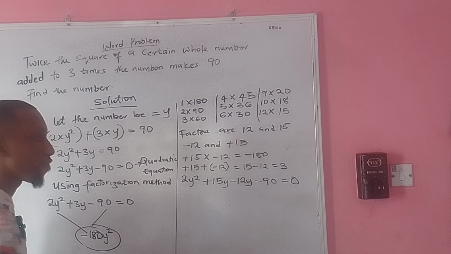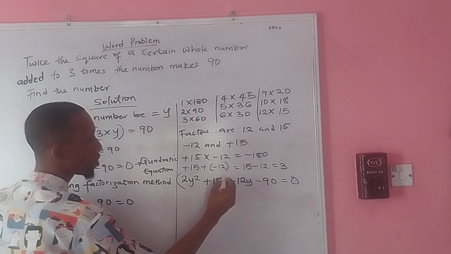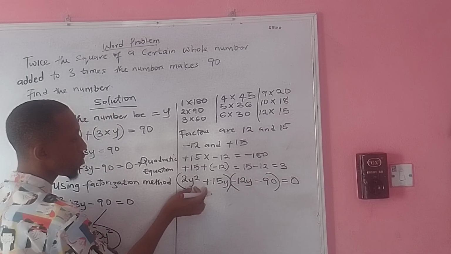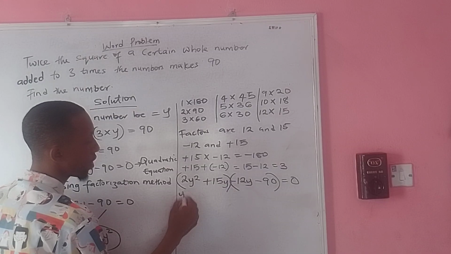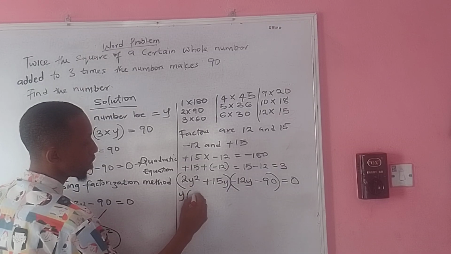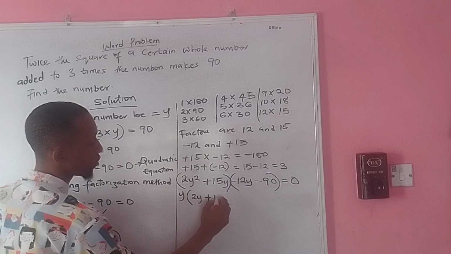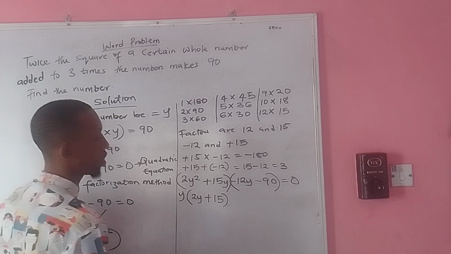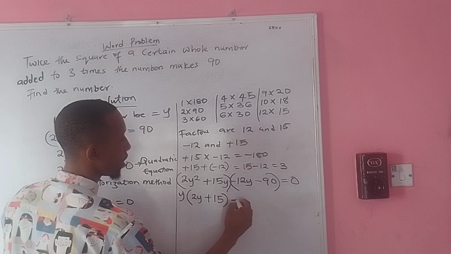The next thing I will do is factorize. I'll first group them into 2. Then what's common here and here? y. So what do I have left? 2y plus 15. And I must have 2y plus 15 in this next one.